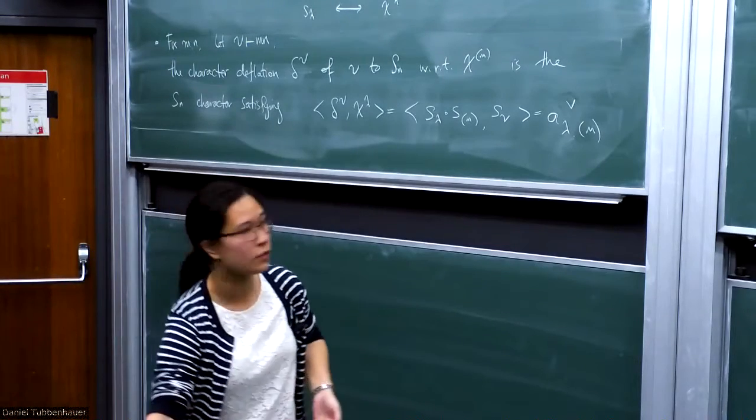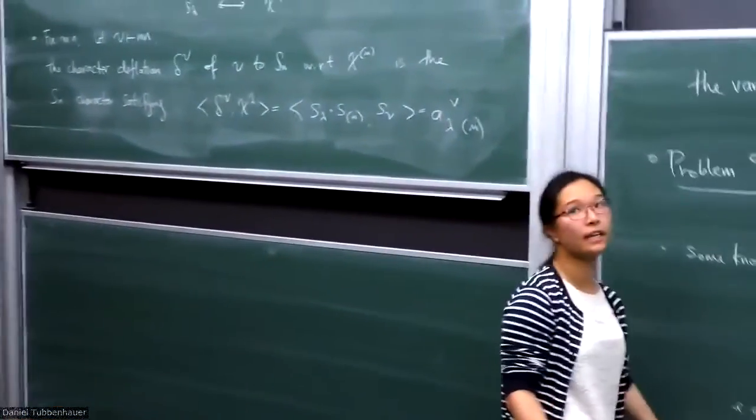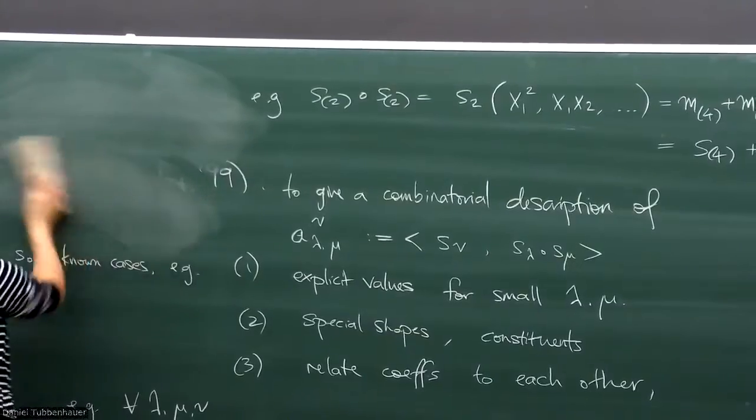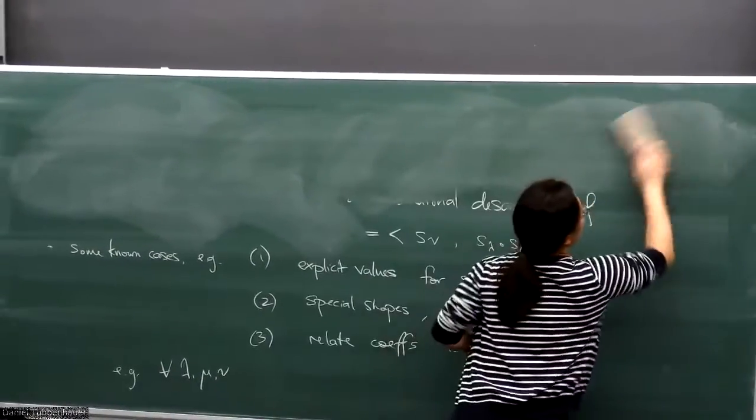And in terms of these character deflations, Brion, Orellana, and Rosas proved a very nice sort of rectangular symmetry for plethysm coefficients. And I'll state it in just a moment.